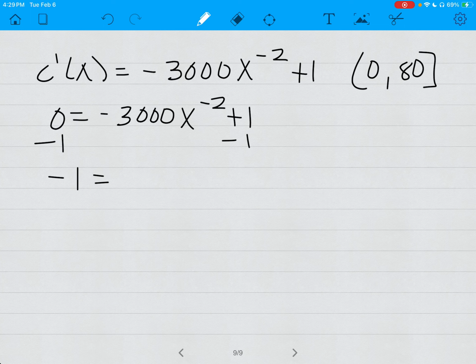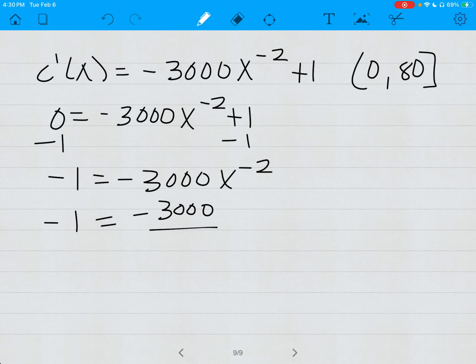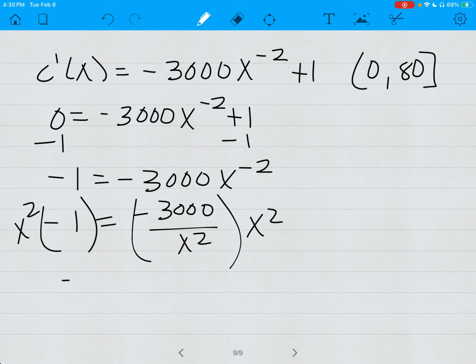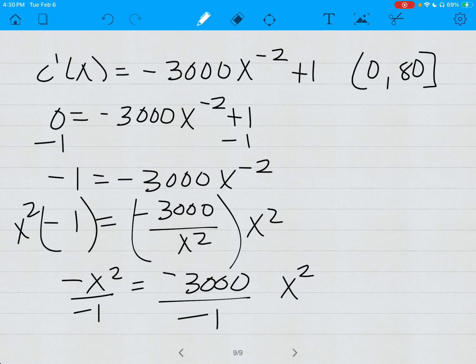Negative 1 equals negative 3,000x to the negative 2, or again, you could think of this, if you prefer, as negative 3,000 over x squared. Now we'll multiply both sides by x squared. So we have negative x squared equals negative 3,000. Divide both sides by negative 1. x squared is equal to positive 3,000.